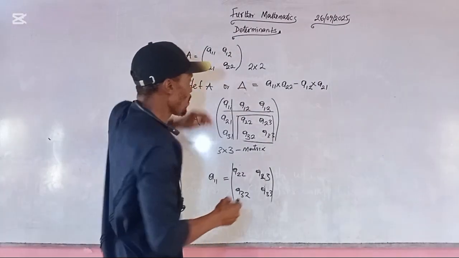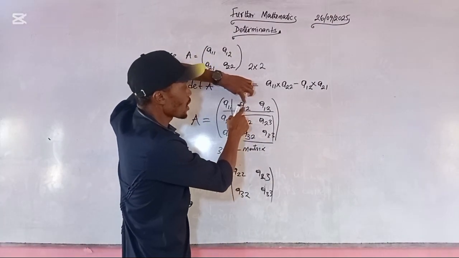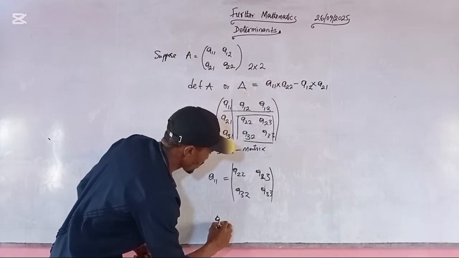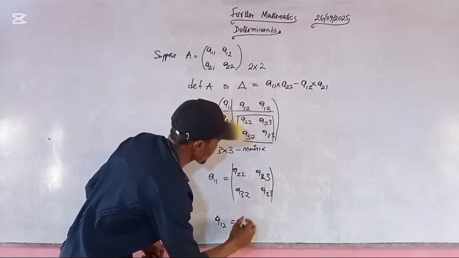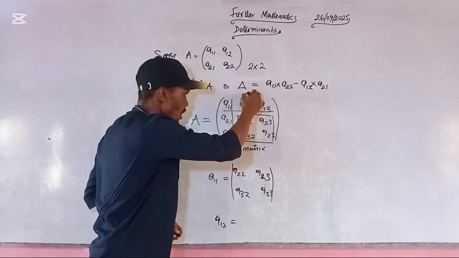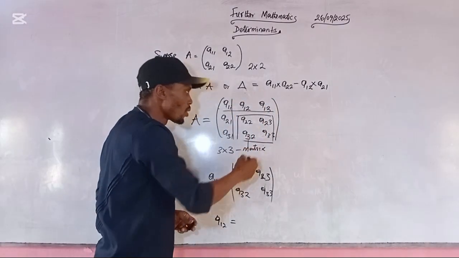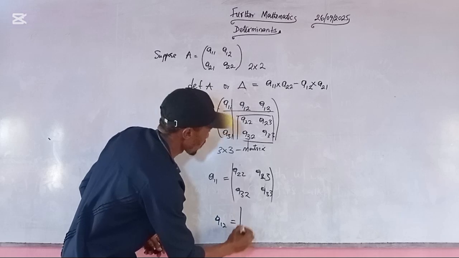However, the minor for A12 is given as follows: delete the row of A12 and the column of A12.